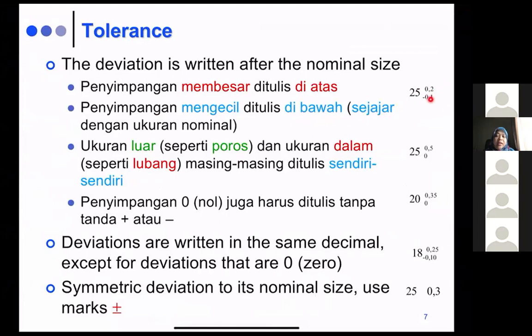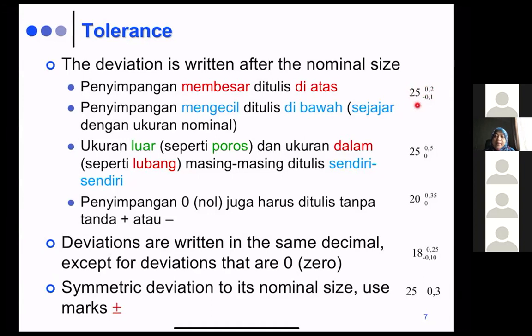So that means if you make some parts in the machine, for example 25.1, it is still acceptable. If you make 24.95, which is less than 25, that is also acceptable.